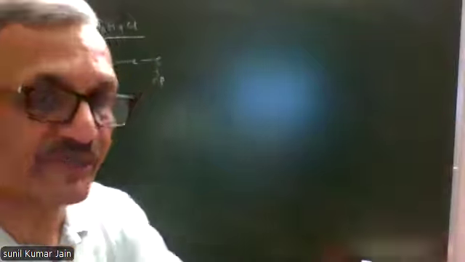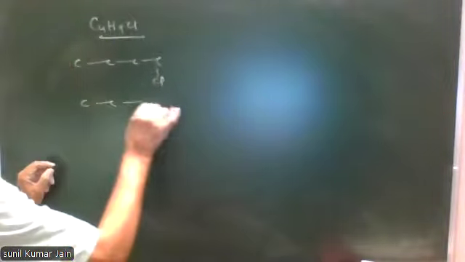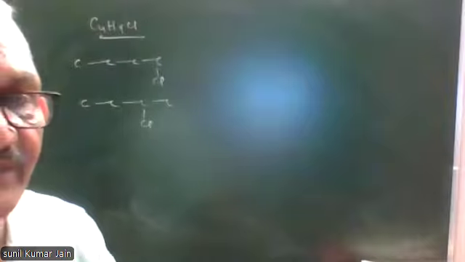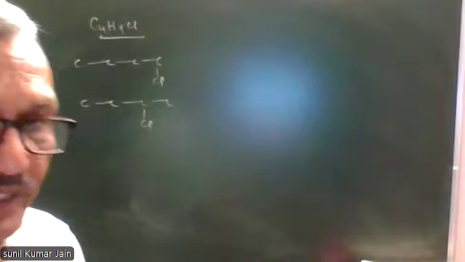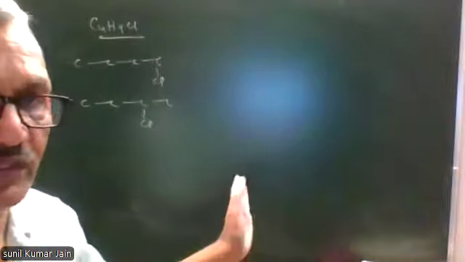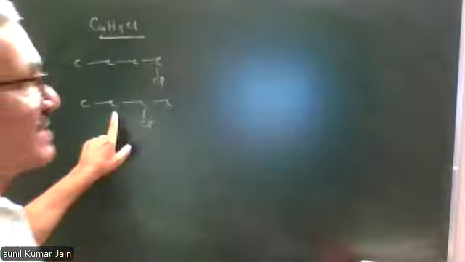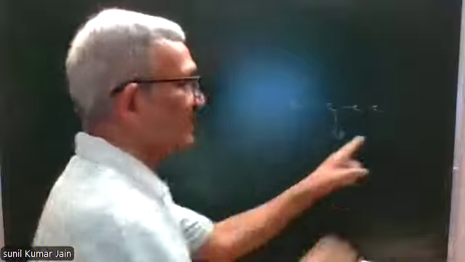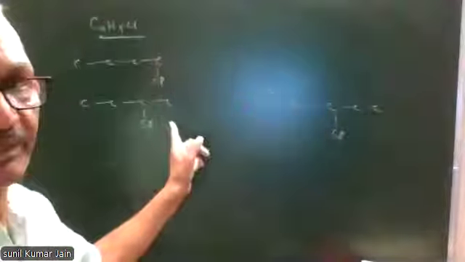Repeat the chain and shift halogen. If I further repeat the same chain and shift halogen, it will be same as this one. Look here: same chain, further shifting means these are same.